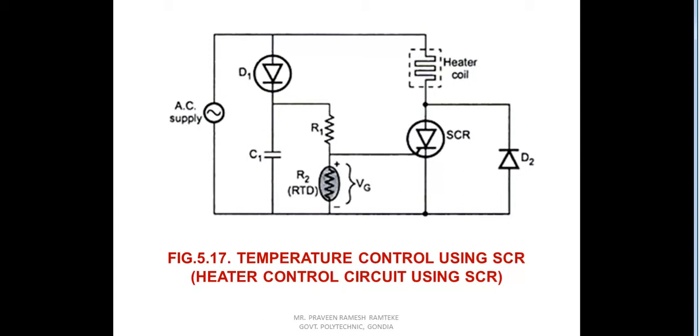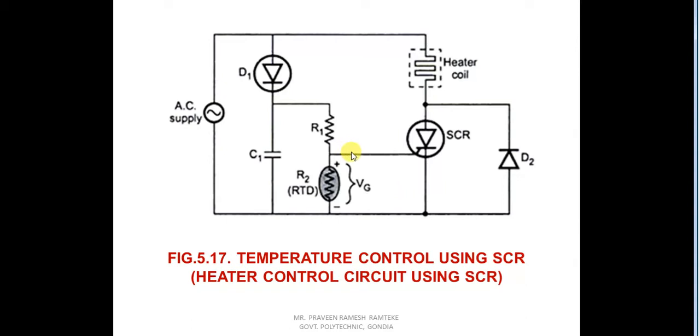Construction details are as follows. The circuit consists of an AC supply, a diode, and a capacitor connected in series. Resistor R1 and resistance temperature detector RTD are connected in parallel to the capacitor C1.